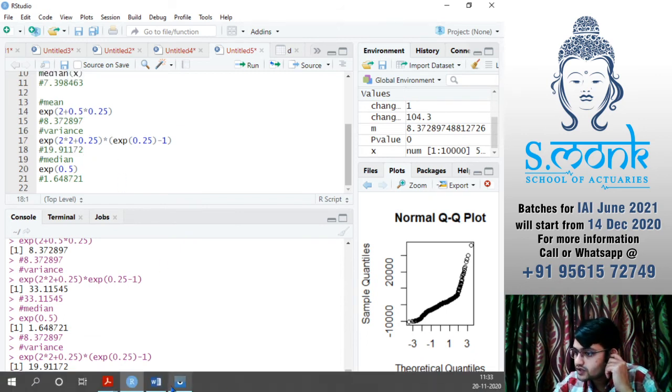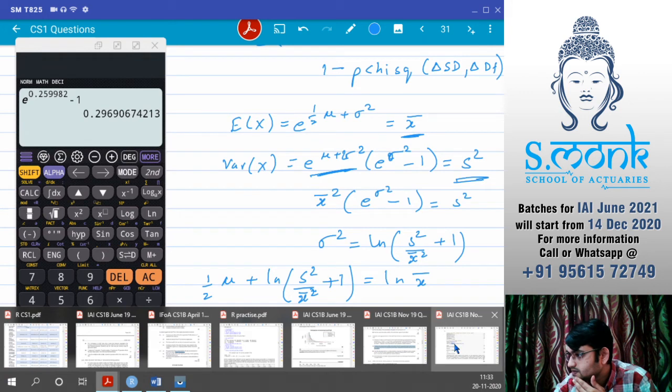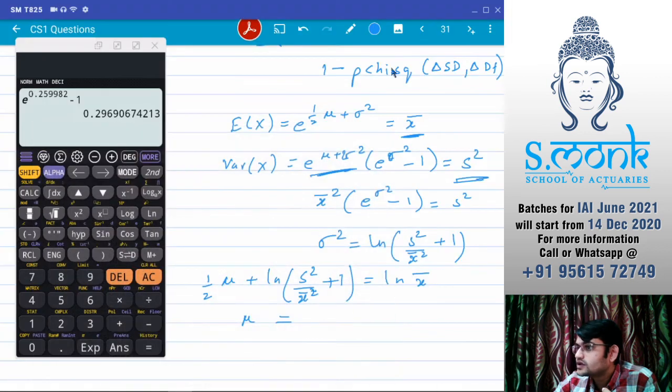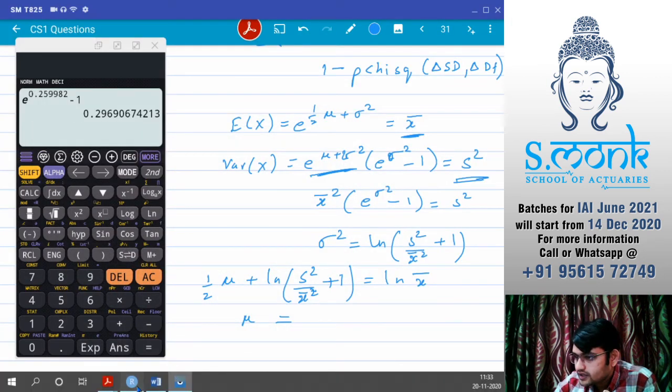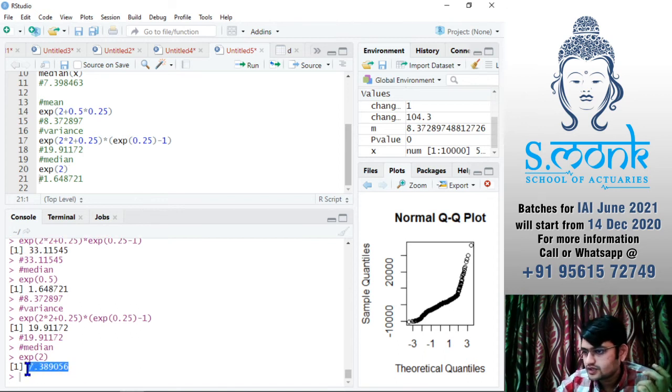And what about median? Median, yeah, e raised to mu, right? What did I do? Okay, I took e raised to 0.5, it should be e raised to 2. So I made a mistake in calculating these values. Control enter, yes, exp 2.